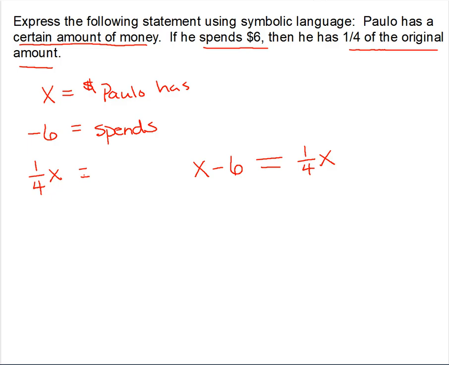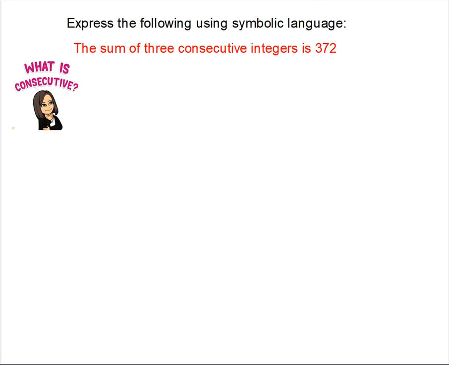All right, let's take a look at the next one. Express the following using symbolic language. The sum of 3 consecutive integers. Big question. What is consecutive? Oh, I'm so glad you remember that. Consecutive means in order. Okay? In order.